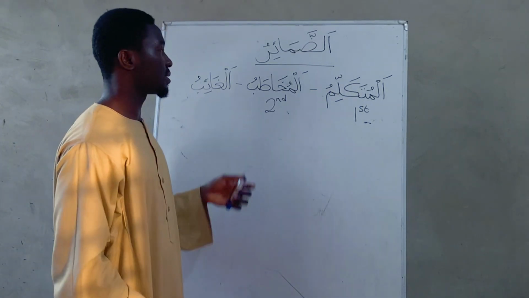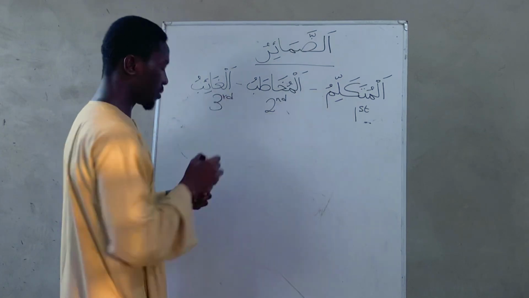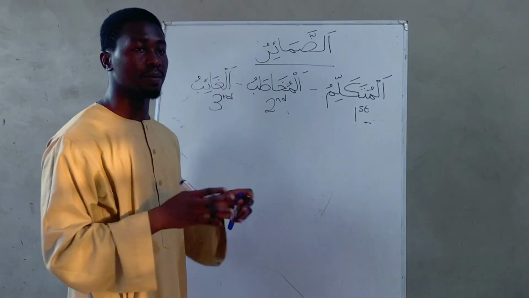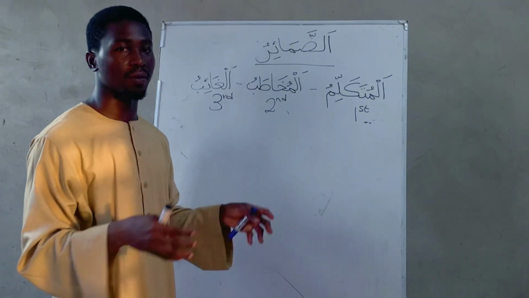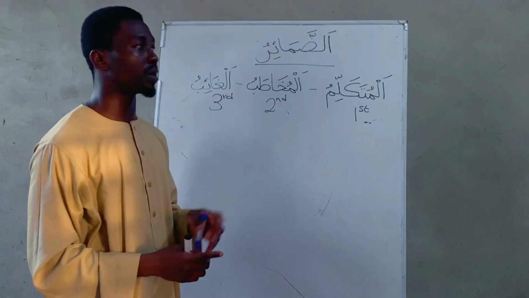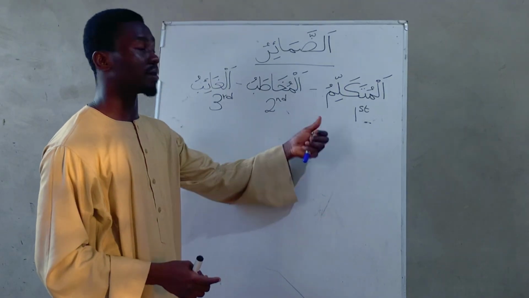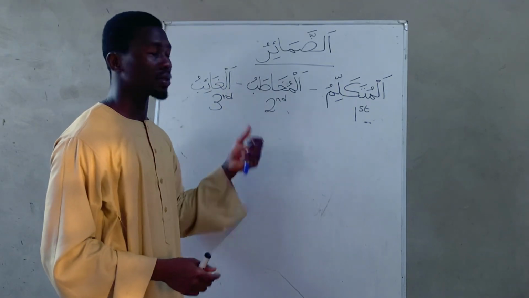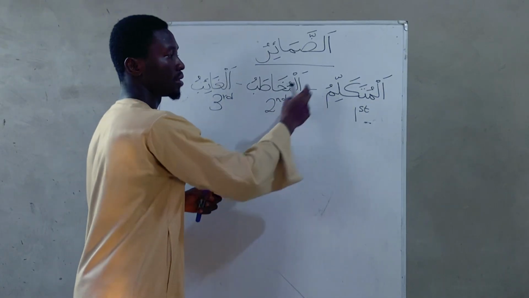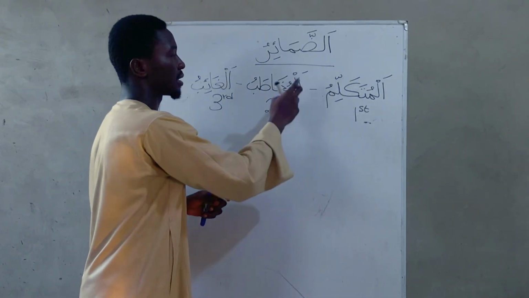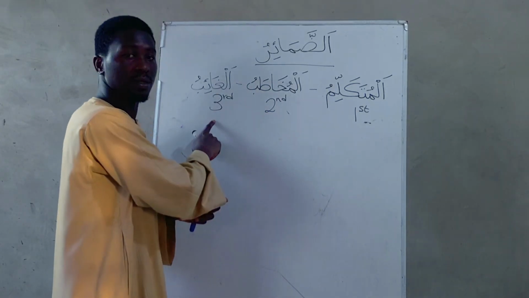But when we are talking about al-ghaib, we don't mean someone who is absent from the room, but someone who is absent within the conversation. It's the one which these two will inevitably reference. Both the first person speaking and the second person listening will be speaking about the third person.